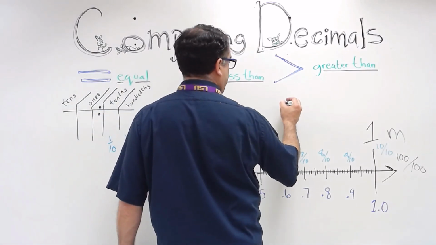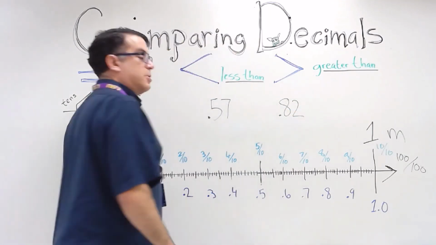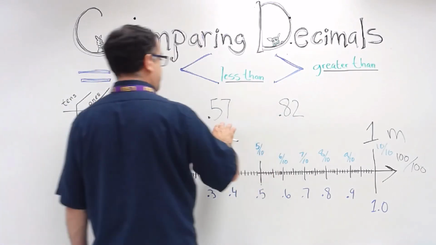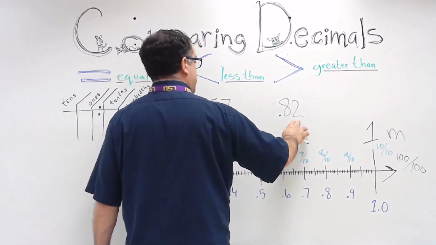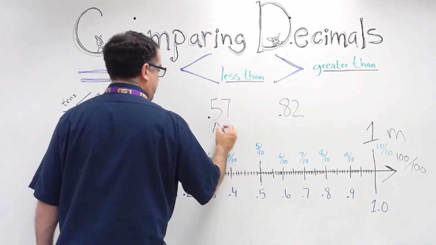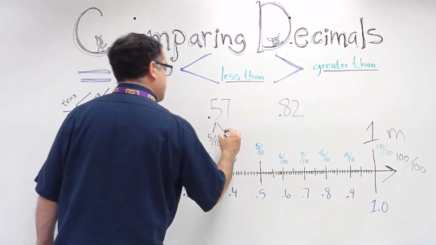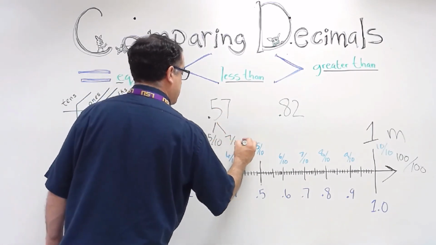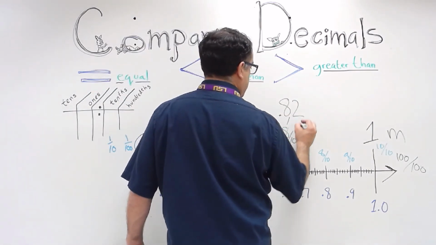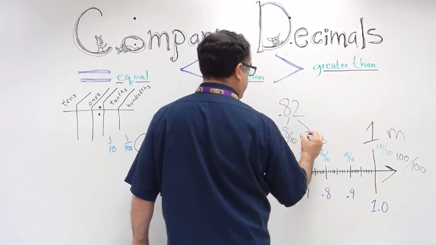Is it bigger than 82 hundredths or 82 cents? Well, if you think of it as cents, definitely 82 cents is bigger than 50. There's more in 82 cents than 57 cents. But let's break that down to help us find it on the number line. This would be 5 tenths because it's in the tenths place, and this would be 7 hundredths. All right, this would be 8 tenths, and this would be 2 hundredths, just by looking at their place value.